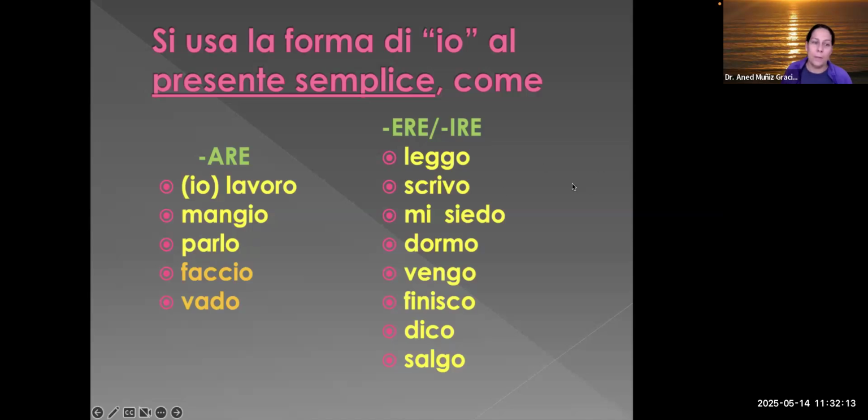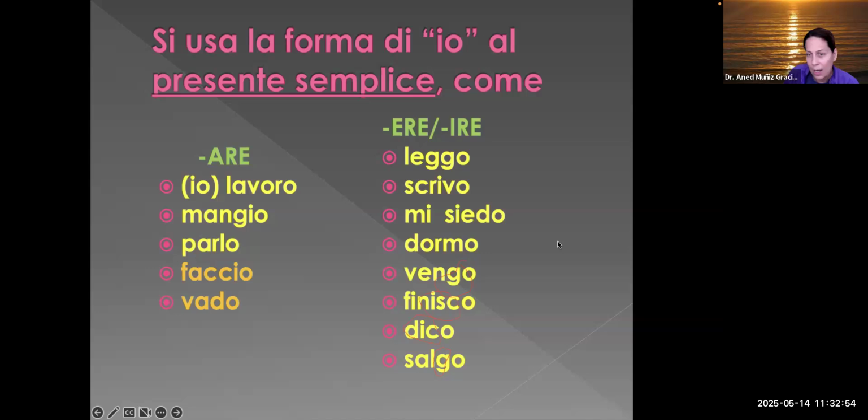So to form the formal imperative and also many forms of the subjunctive, we take the io form in simple present. Why? Because a lot of the irregularities or changes are already there. For example, this is lavoro, mangio, leggo, scrivo, mi siedo, dormo. These are all regular, but then you see here venire, you have that magical G. Also salgo, and this has this root, right?